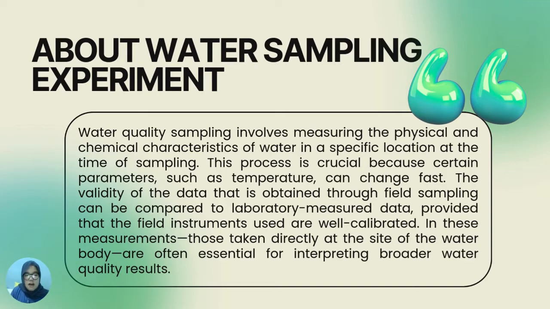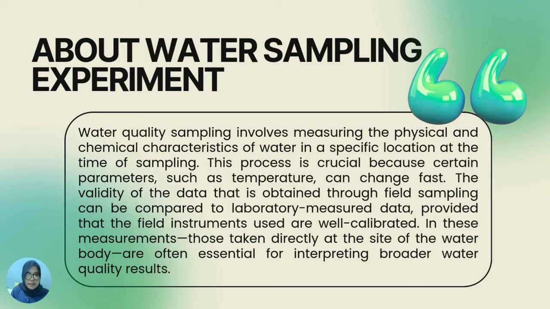The validity of the data that is obtained through field sampling can be compared to laboratory measured data, provided that the field instruments used are well calibrated. In this measurement, those taken directly at the site of the water body are often essential for interpreting broader water quality results.